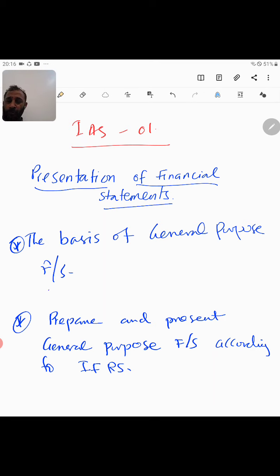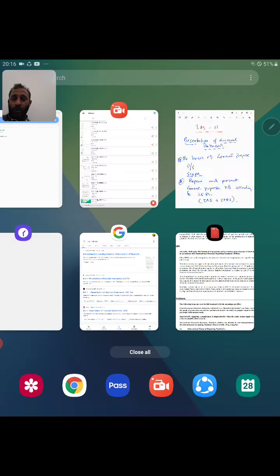The very scope of IAS 1 is to say how you are going to prepare financial statements by complying with and completely following all of the given accounting standards. When we say IFRS, it will include both IAS and IFRS. So that's the scope.